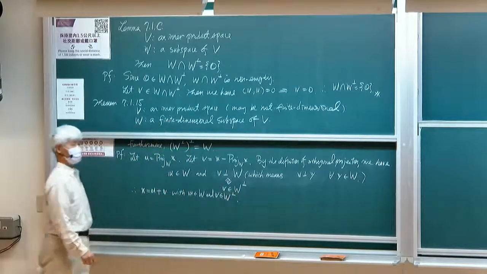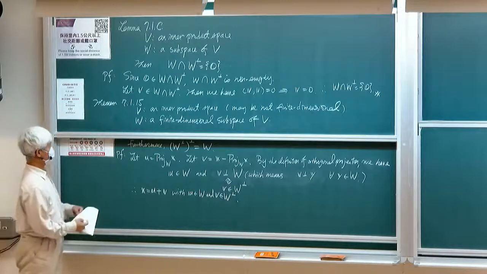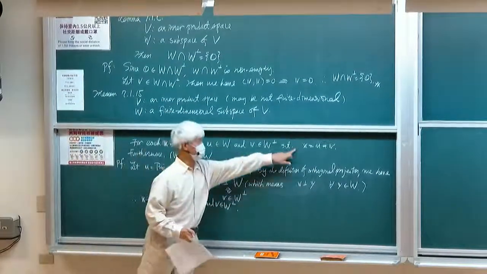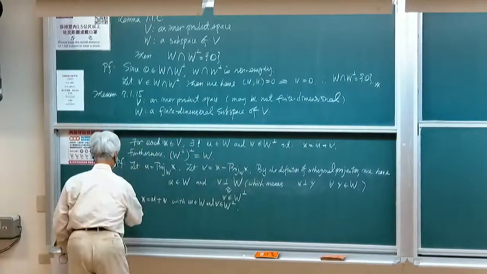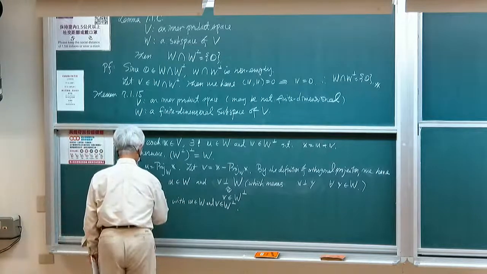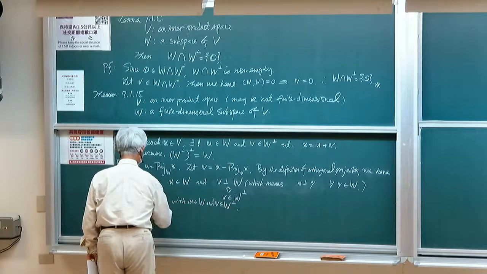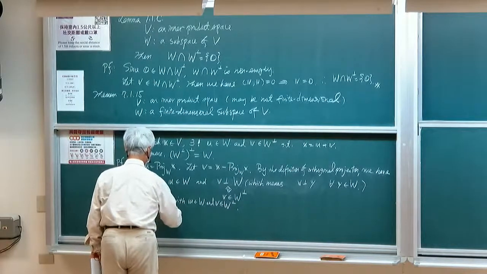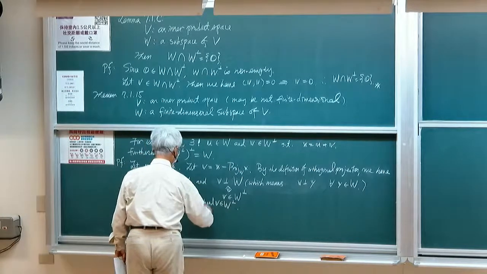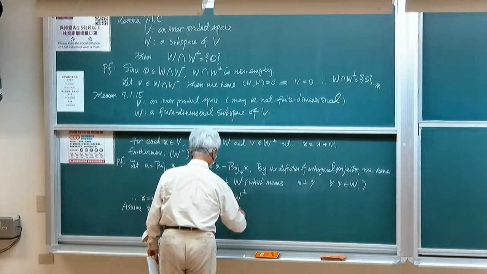Okay, so now we have this decomposition first, but we have to show that this decomposition is unique, right? So assume x is equal to U prime plus V prime with U prime in W and V prime in the orthogonal complement.